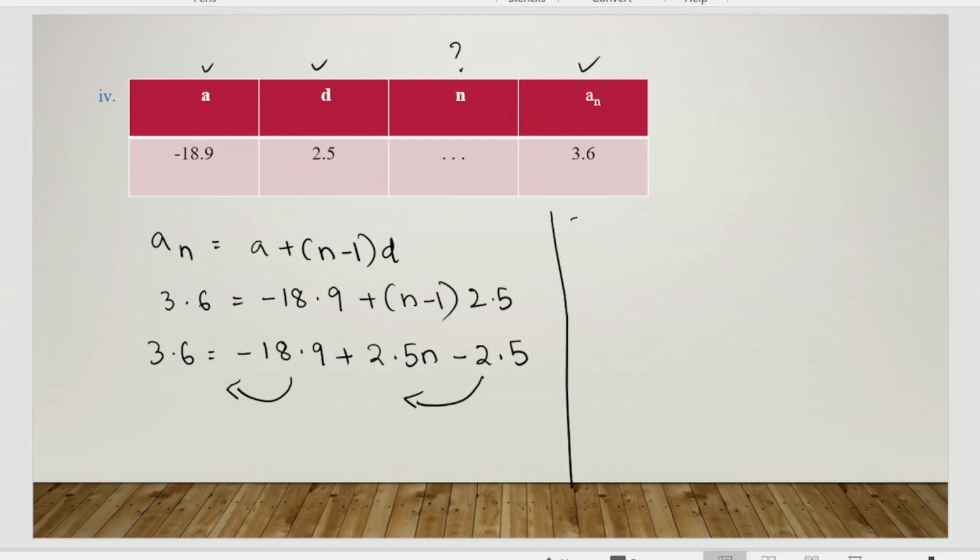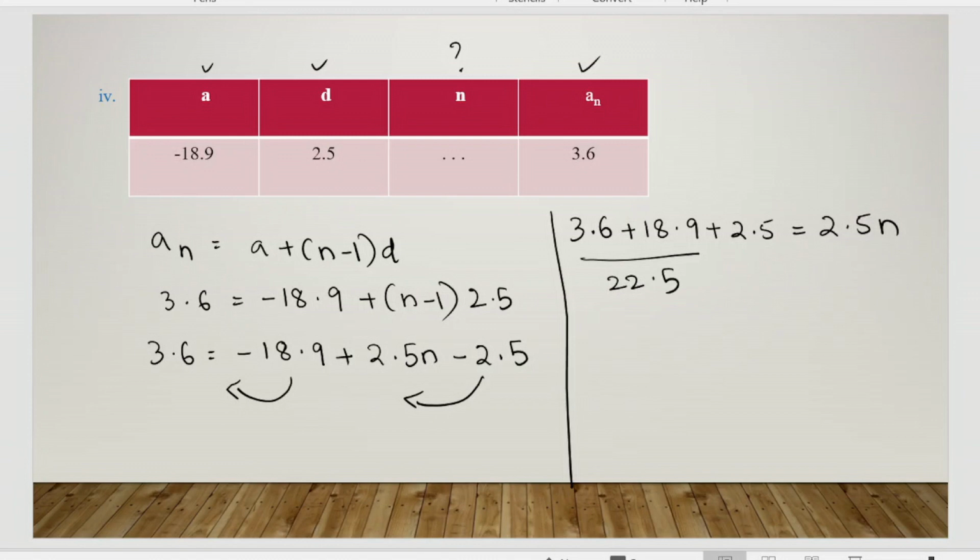So which becomes 3.6 plus 18.9, because when minus 18.9 comes to the LHS it becomes plus 18.9, and this minus 2.5 when it comes to the LHS becomes plus 2.5, is equal to 2.5N. Okay. Now see here, 3.6 plus 18.9 becomes 22.5.